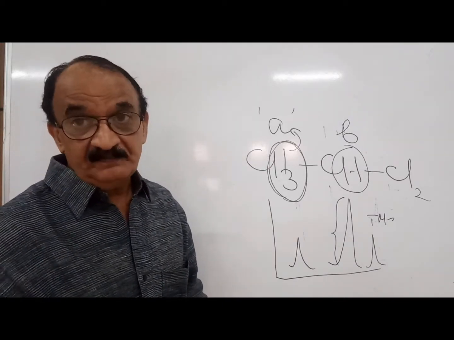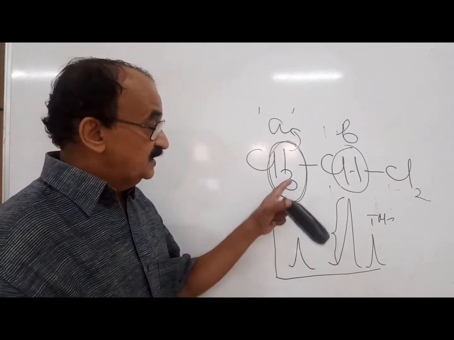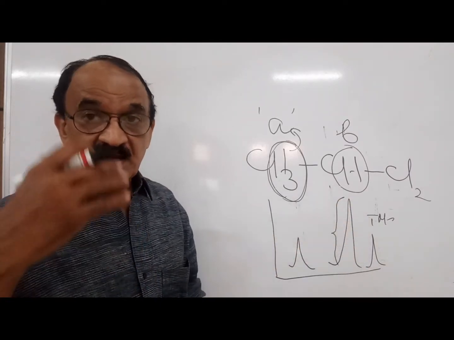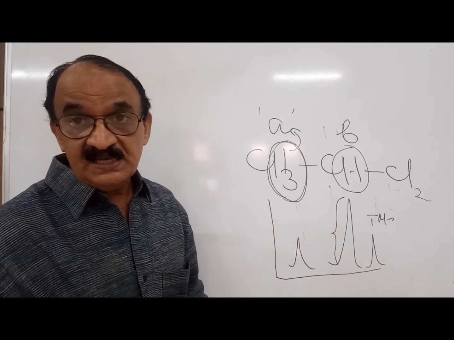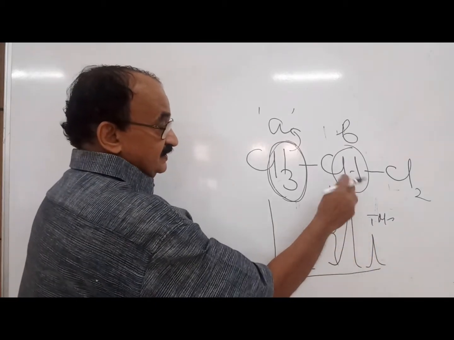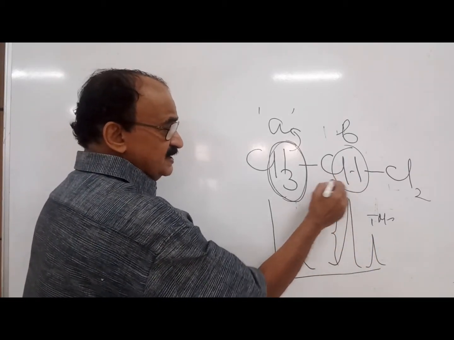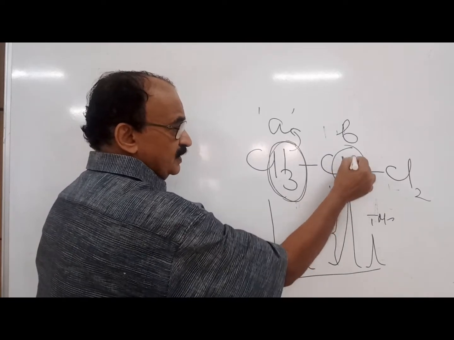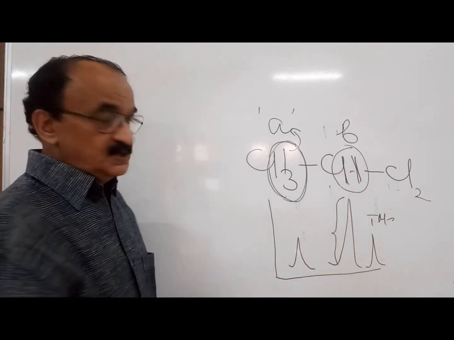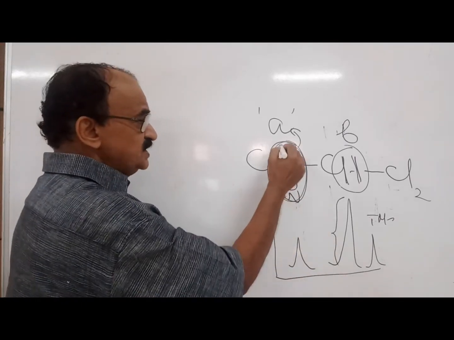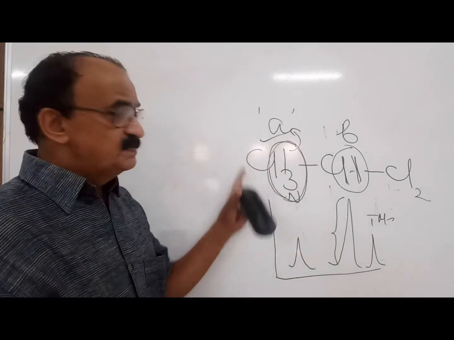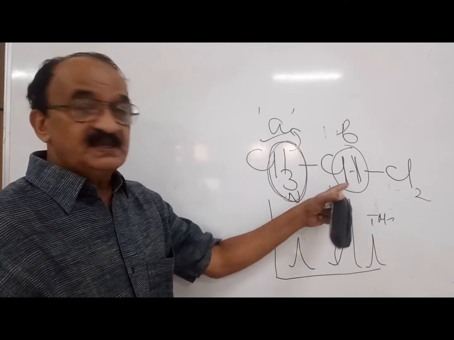But when you take the spectrum of the same compound under higher resolution, under higher magnetic field, the signal due to this proton will be split due to the influence of the neighbor, and the signal due to this proton will be split due to the influence of the neighbor.